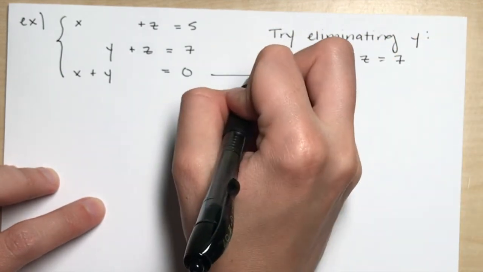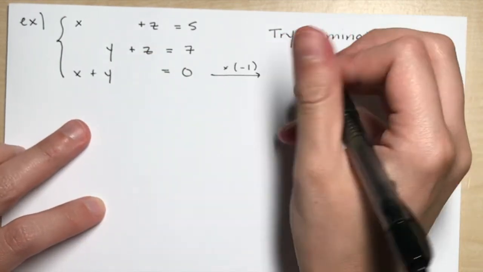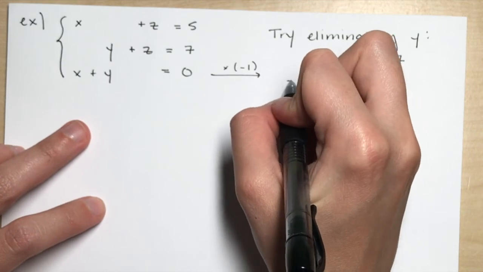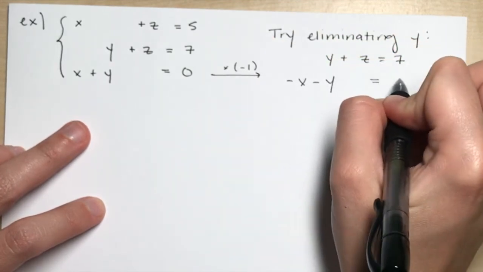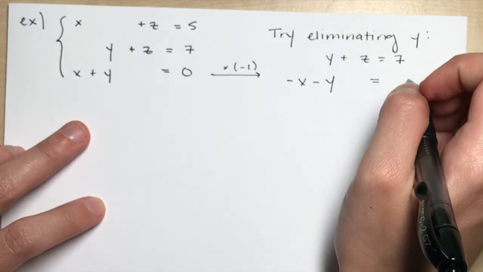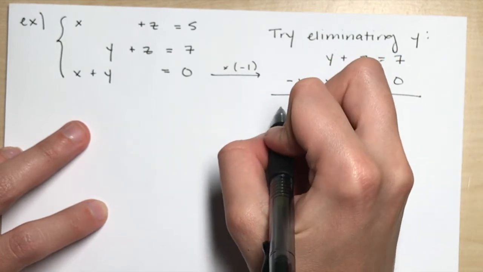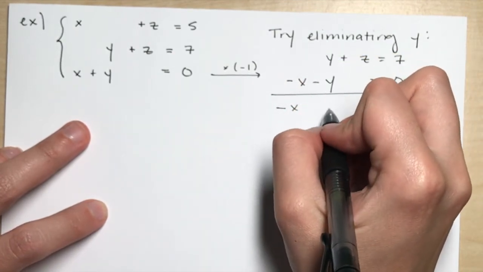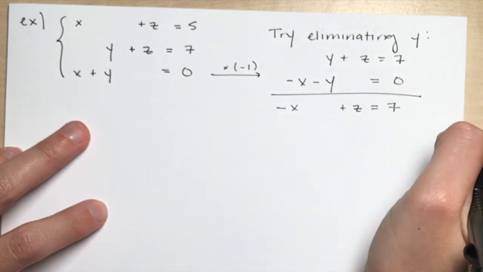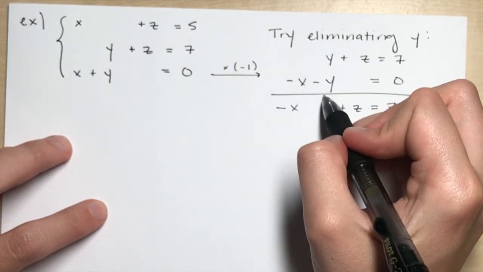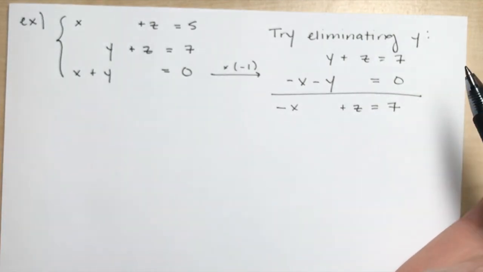Let's multiply this second equation by -1, so we have the same coefficients with opposite values. So negative x minus y equals, well, -0 is just 0 still. Let's add these together. Looks like we've got negative x plus 0 plus z equals 7. So we got rid of the y, but we gained a z, which is okay, right?